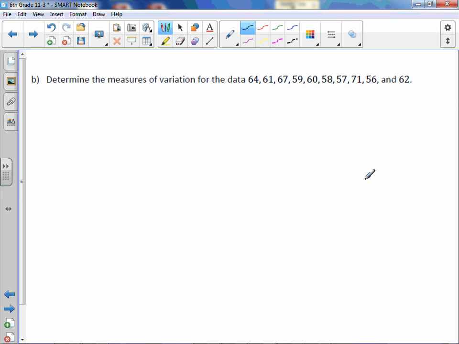Letter B, determine the measures of variation for the data 64, 61, 67, 59, 60, 58, 57, 71, 56, and 62. So let's go ahead, we'll order it least to greatest again to start us off.